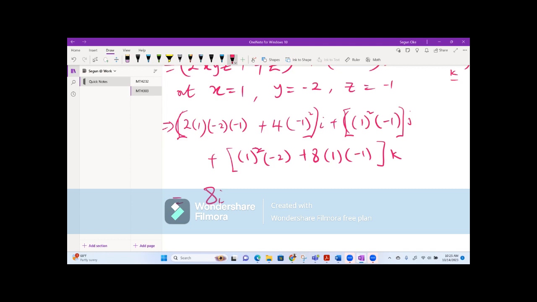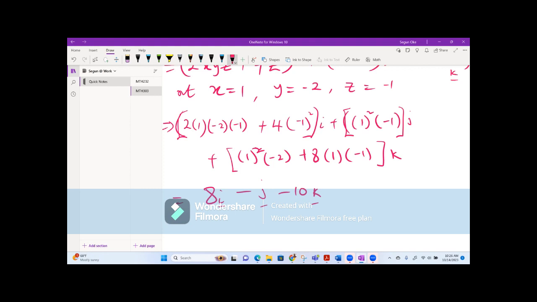Okay, now let's look at this. 1 squared multiplied by minus 1 will be minus j. Right? Then we have minus 2 here, plus minus 8, minus 10. That was what we have at the end of the day.